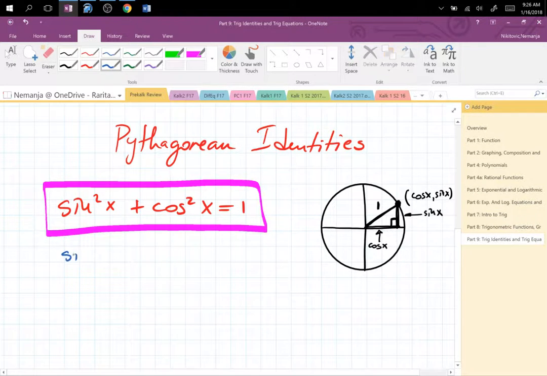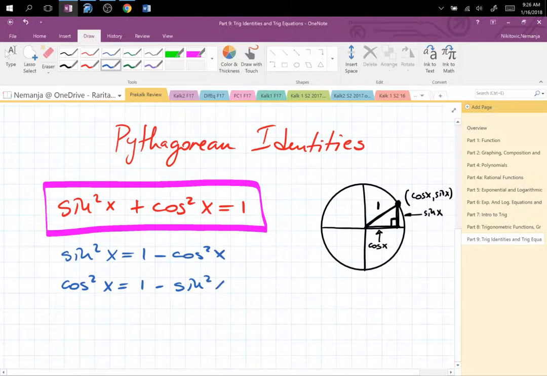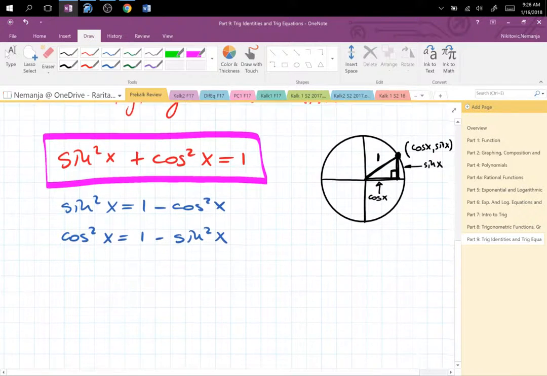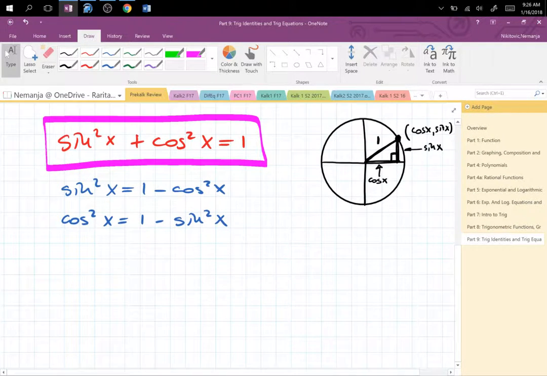You can say that the sine squared x is 1 minus cosine squared x, and cosine squared x is equal to 1 minus sine squared x. So these are also Pythagorean identities, right, using the sine and cosine. All right, 6 to go.